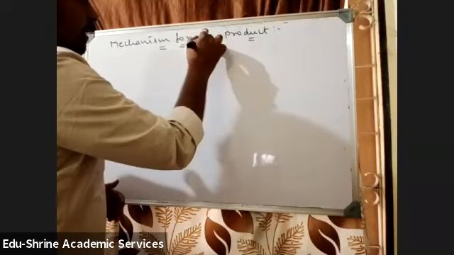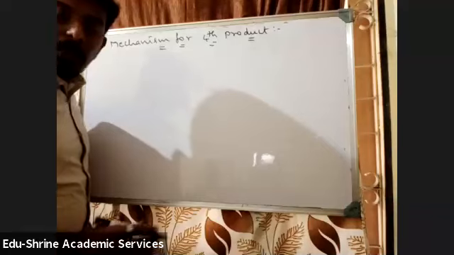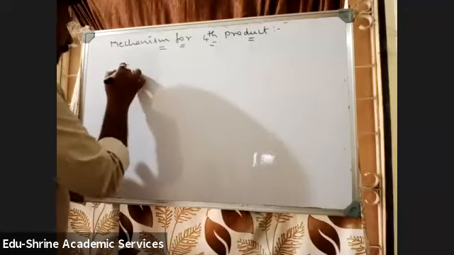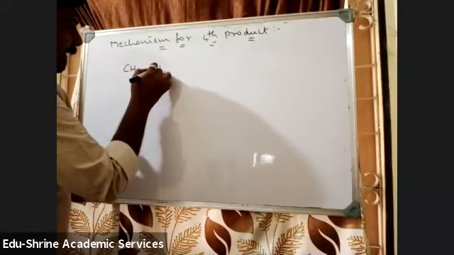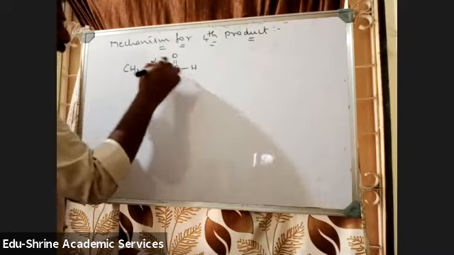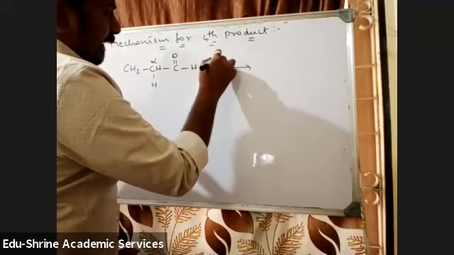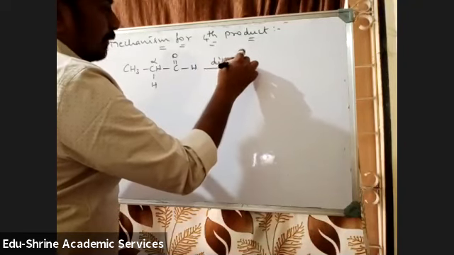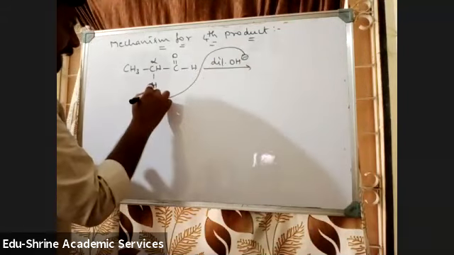Mechanism for the fourth product. In the fourth product, it is the reverse case. CH3, CH2, I am writing it as CH2H because this is the alpha carbon atom. In the presence of dilute alkali, OH minus will take this hydrogen.